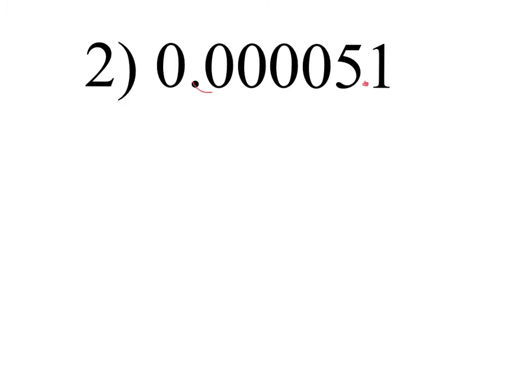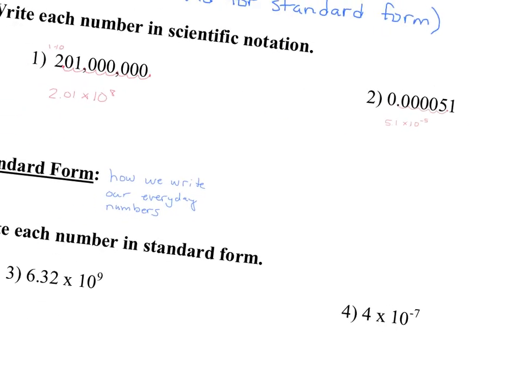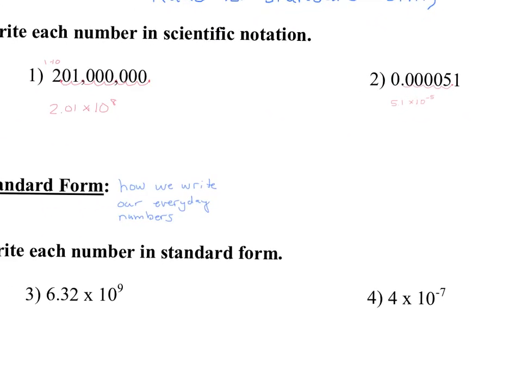When I count it over, 1, 2, 3, 4, 5, I'm going to have 5.1 times 10, and since it's a small number, it's going to be to the negative 5th power. Okay? So again, just to recap real quickly, if I have a big number, something bigger than 1, I'm going to have a positive exponent, and if I have something smaller than 1, I'm going to have a negative exponent. And that front number has to be between 1 and 10.